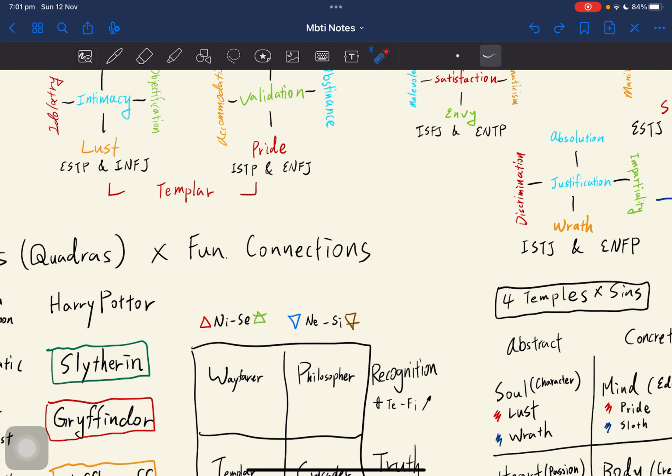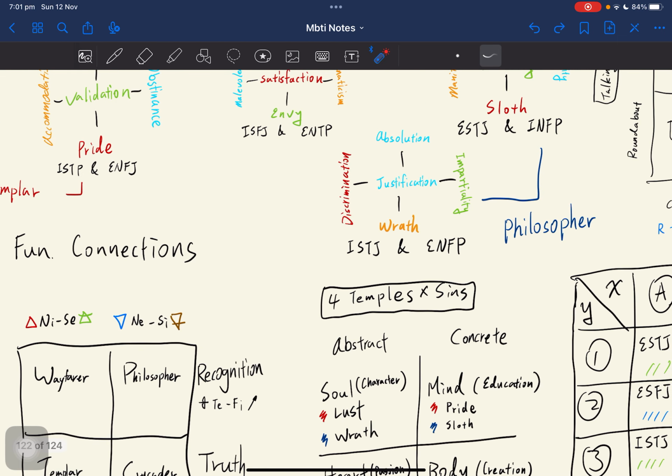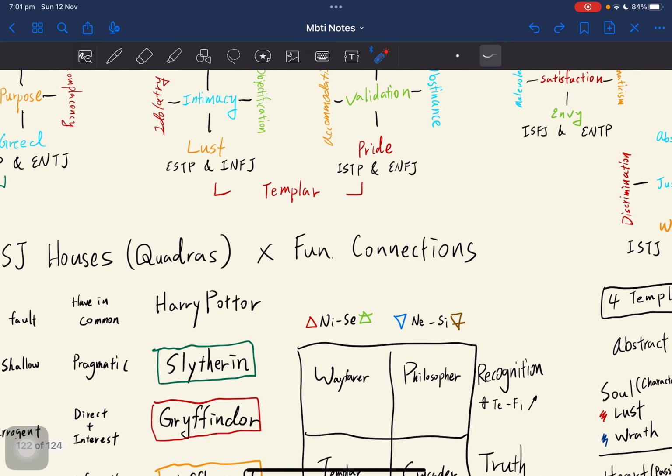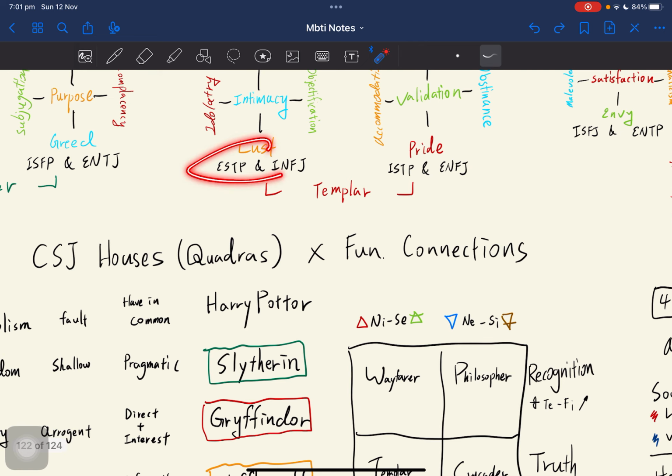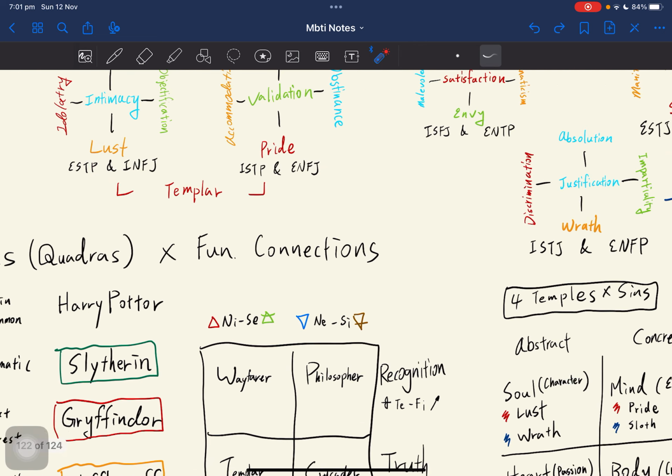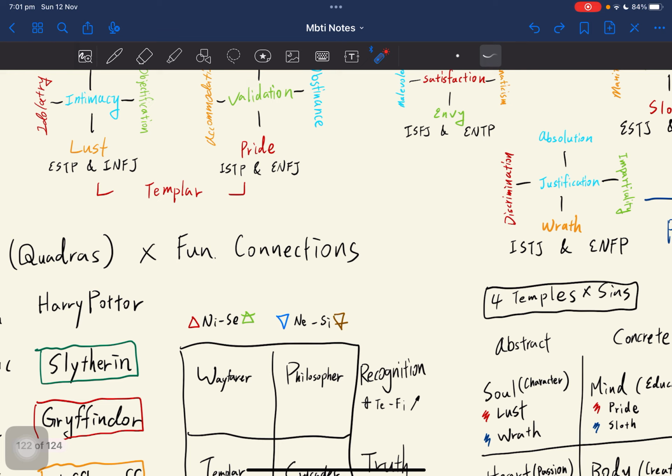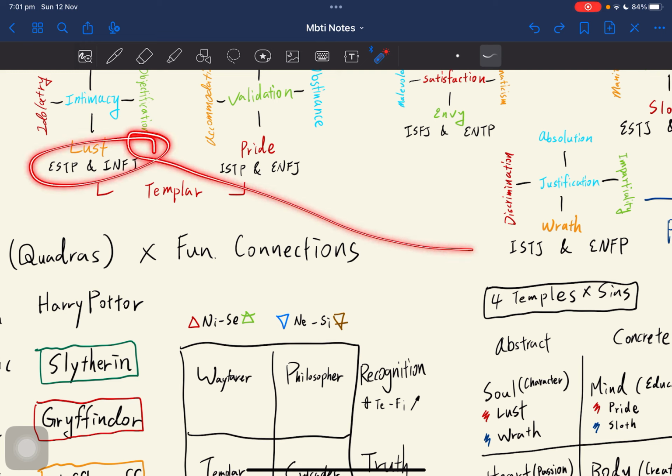So that means in the soul temple you have ISTJ and ENFP, and ESTP and INFJ, and each one of these, this one and this one, are in the 4 sides of mind together.